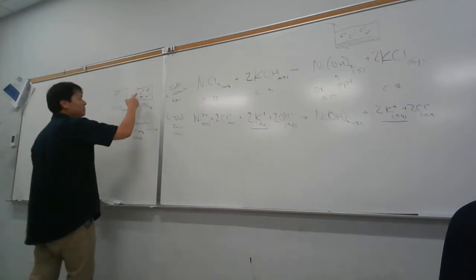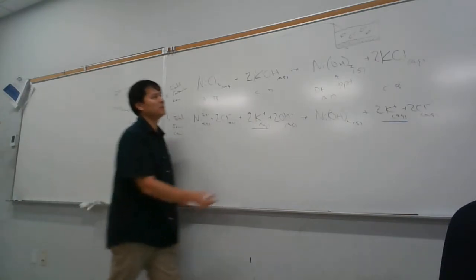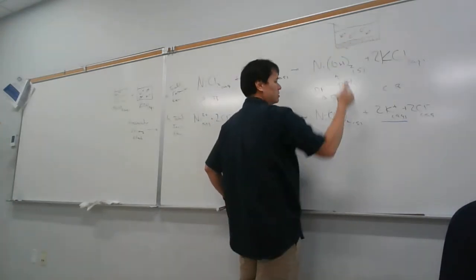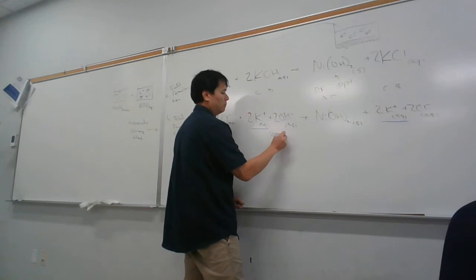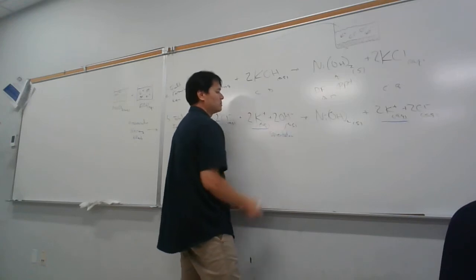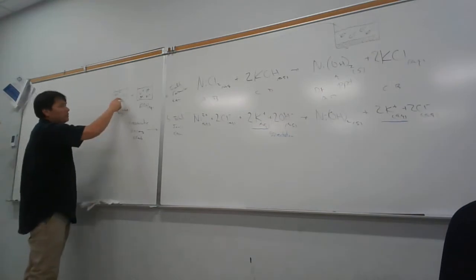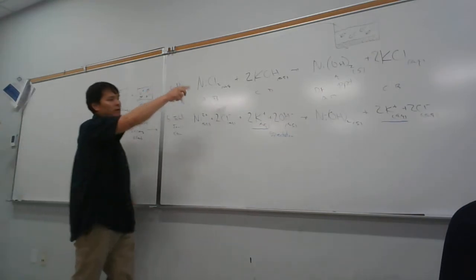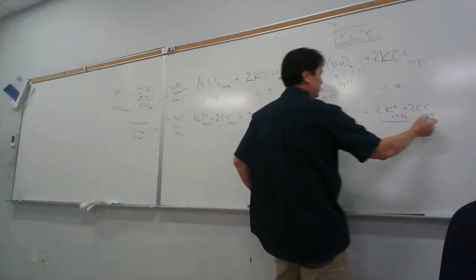So we had potassium ions floating around before the reaction, and now we have potassium ions floating around after the reaction. So potassium is what we call a spectator. Spectators don't participate in the reaction. And then we have chloride ions floating around in water here, and we have chloride ions floating around over there. So chloride ions are also spectators.